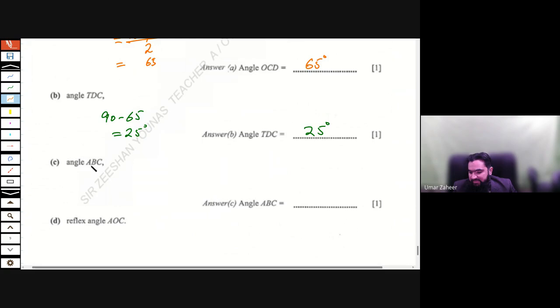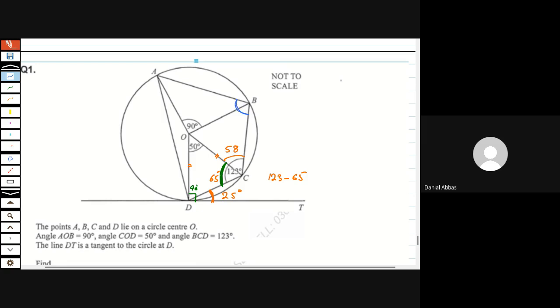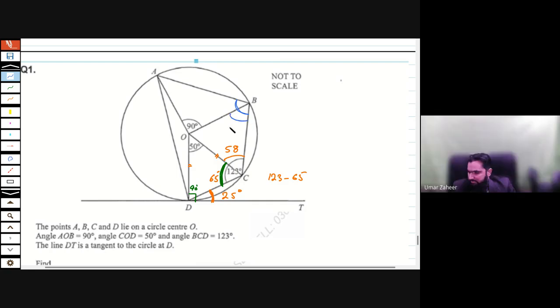Now we have to find the next angle ABC. A to B, B to C means this is the angle that we need to find. Yes, Daniel, how can we find this one? Sir, we know that it is 58 because it is an isosceles triangle as well.